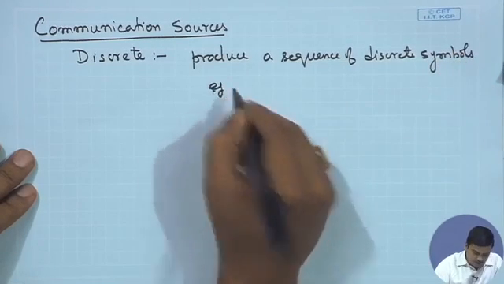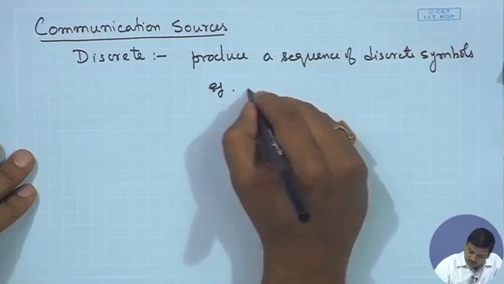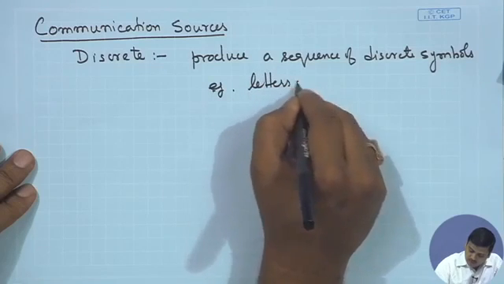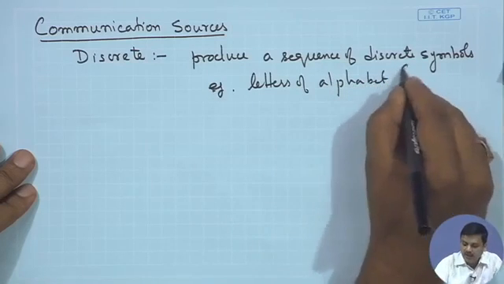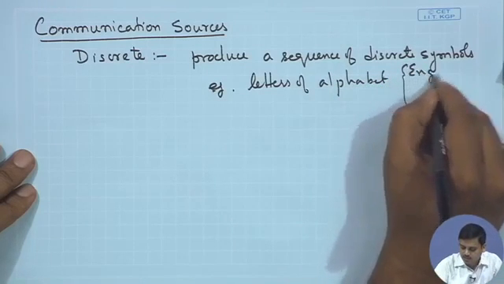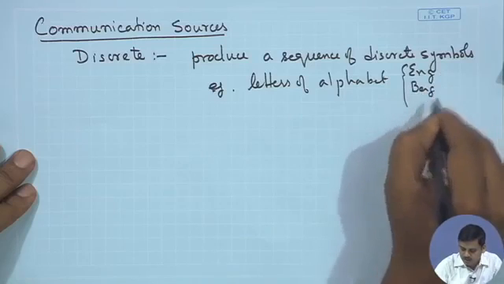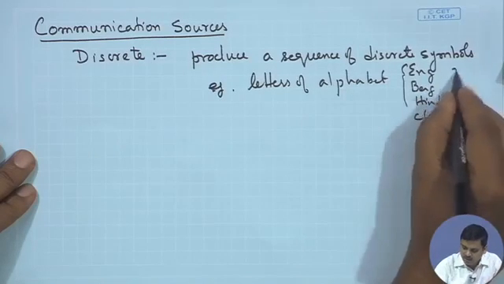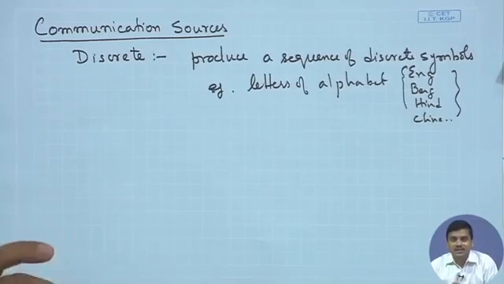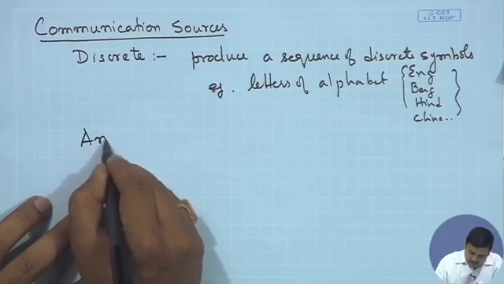An example of them could be letters of alphabet, could be any language, could be English, could be Bengali, could be Hindi, could be Chinese, and so on and so forth. That means they are discrete, they are specific symbols, and they have a whole set or a group from which they are selected. These are kind of discrete sources, and you also have analog sources.